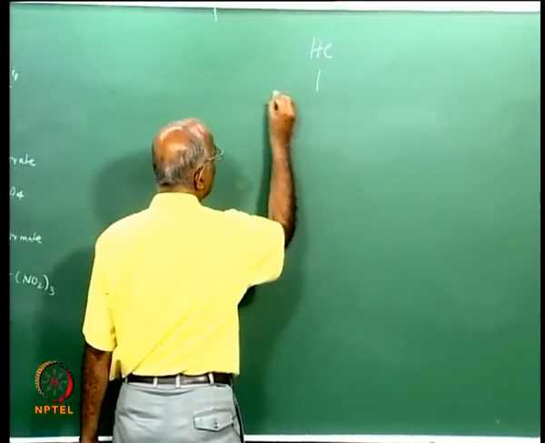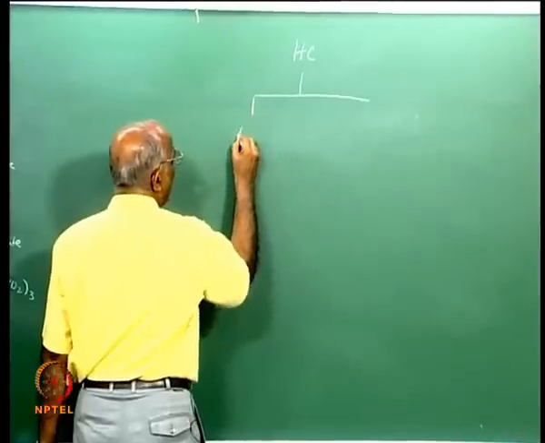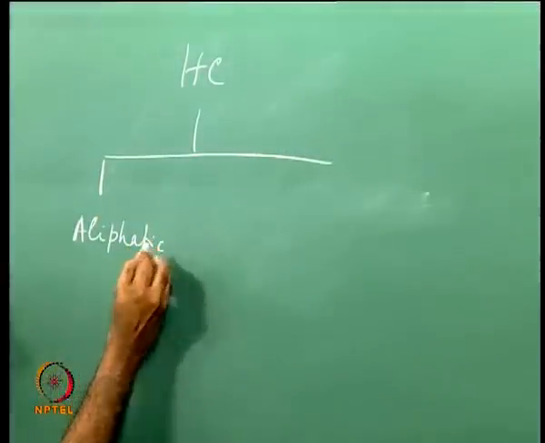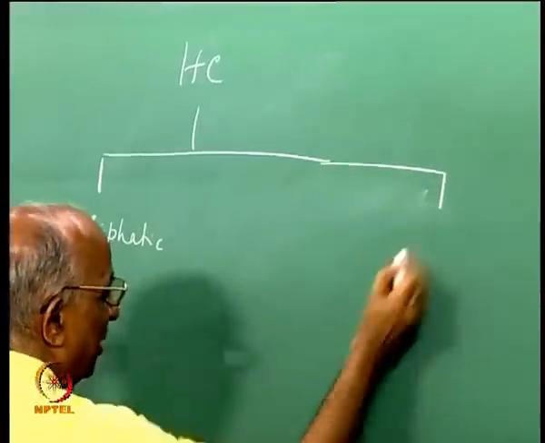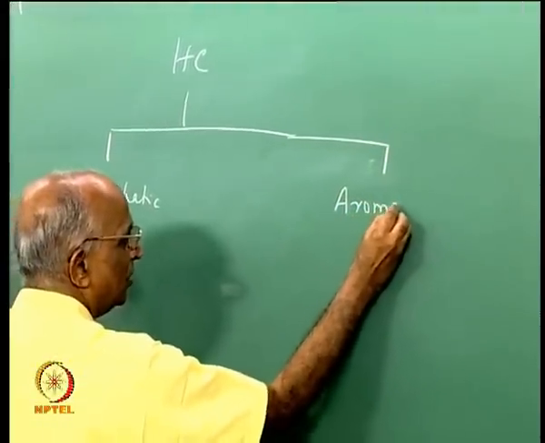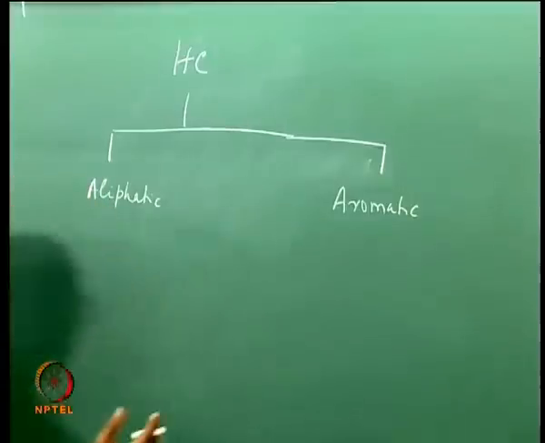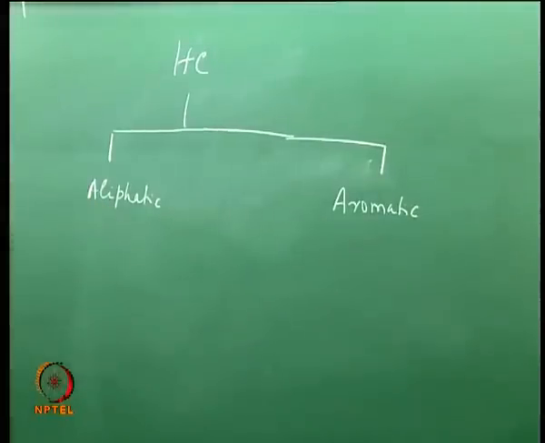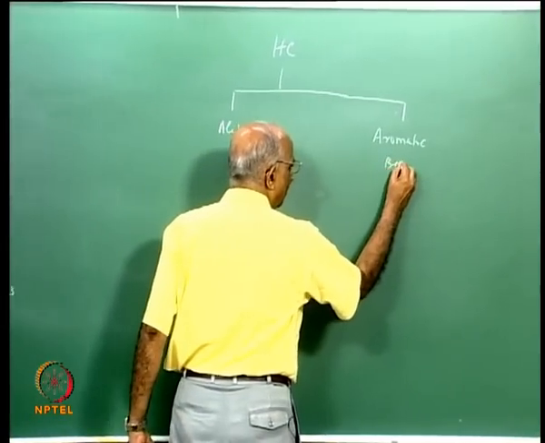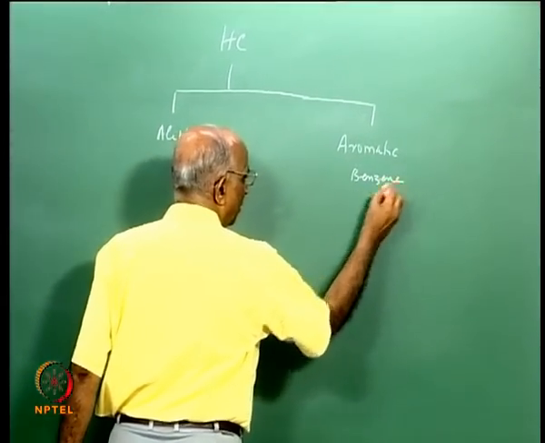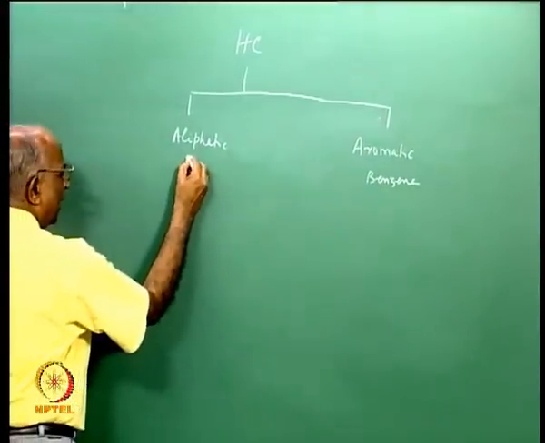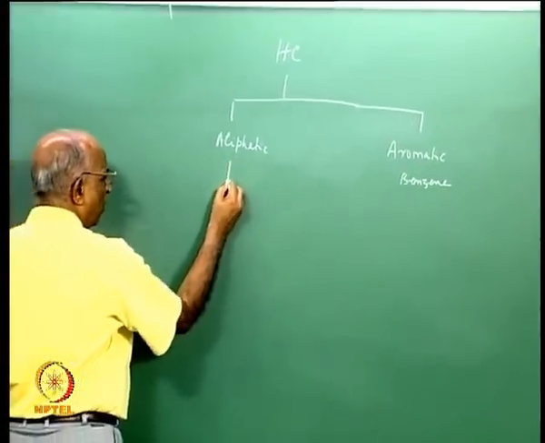We know hydrocarbons consist of aliphatic compounds, and I think a little bit of organic chemistry is always useful. Then aromatic hydrocarbons. Aromatics are those which have a strong smell, and the smell comes because you have the benzene molecule in it, whereas aliphatic compounds are either straight or poly chain compounds.